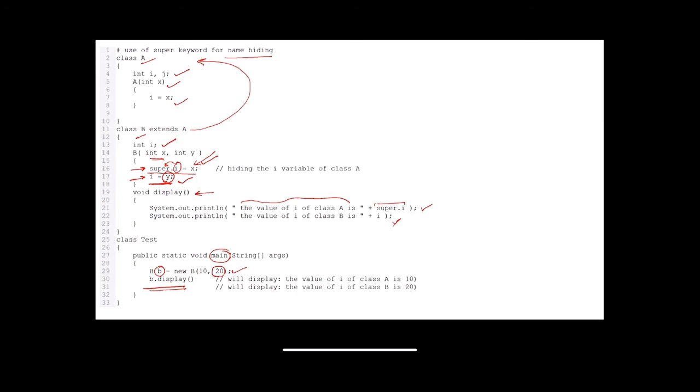Since this I belongs to my parent class, I have used the super keyword, and the second value that will be printed is the value of I of class B, which is I. To differentiate between both the variables that have the same name, I am using the super keyword to tell that the I variable that is called using the super keyword belongs to my parent class, and the I that is written as such belongs to my own class. This is how the concept of name hiding is implemented using the super keyword.